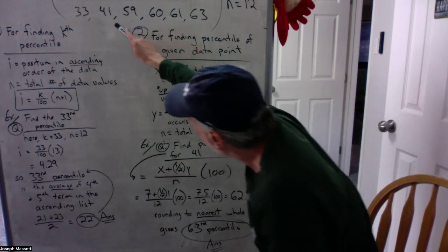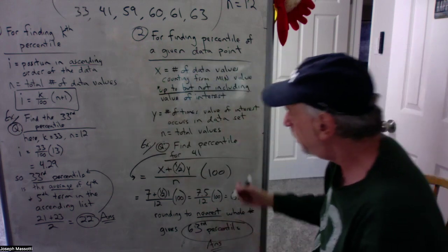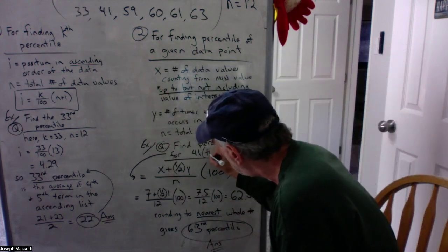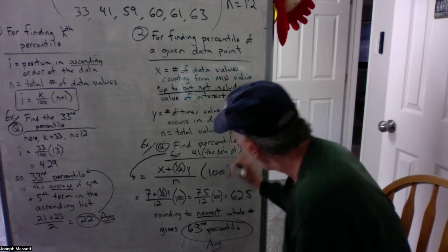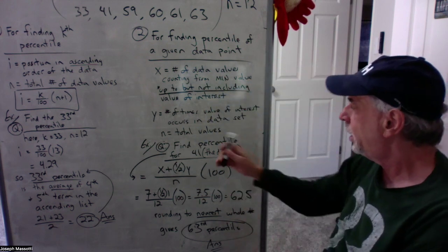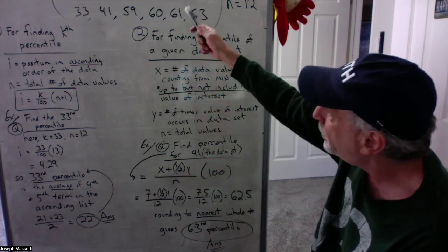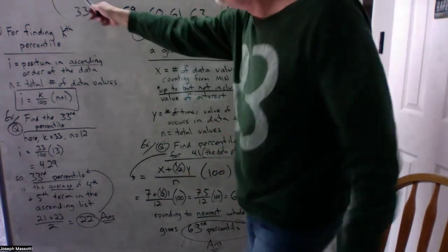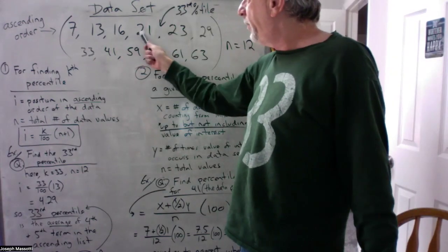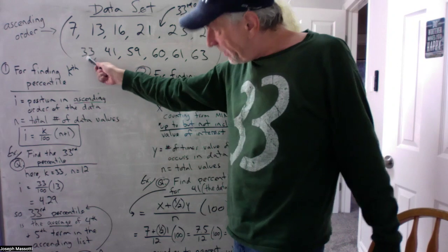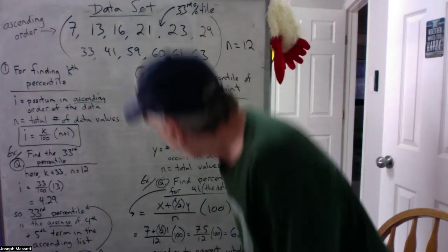So we're looking at number 41, the value 41, the data point 41. So our x, if we count up to 41, but not including, we say 1, 2, 3, 4, 5, 6, 7 is going to be our x value.